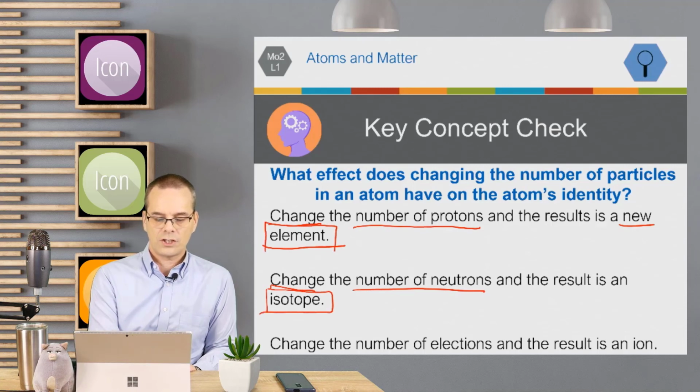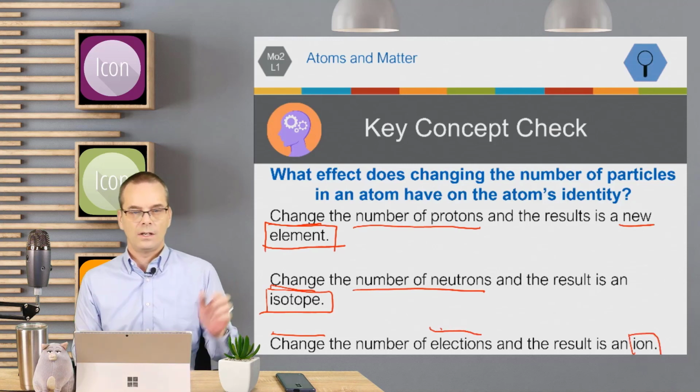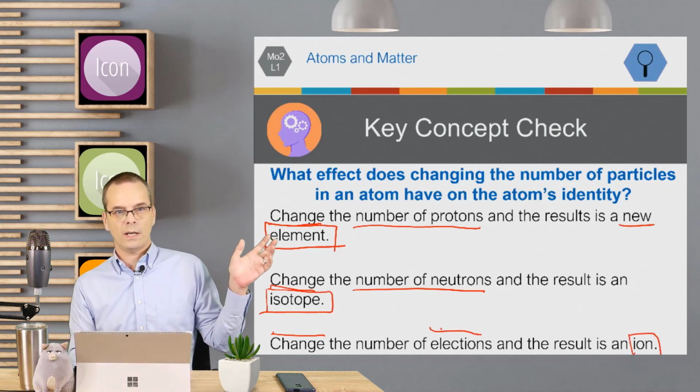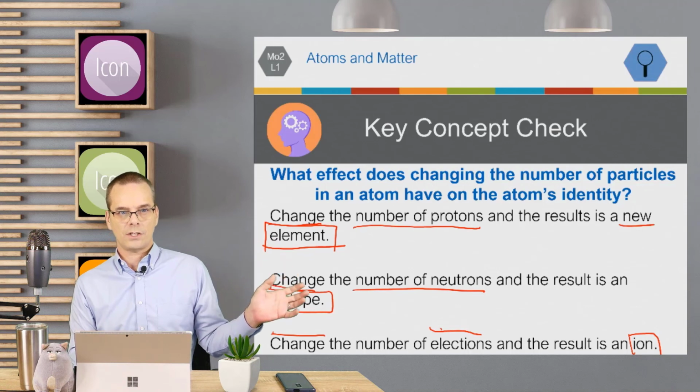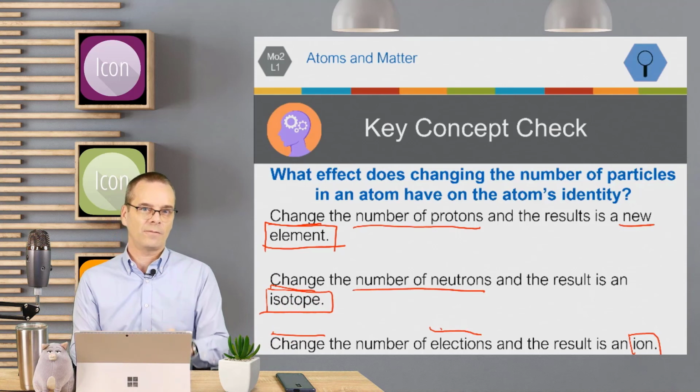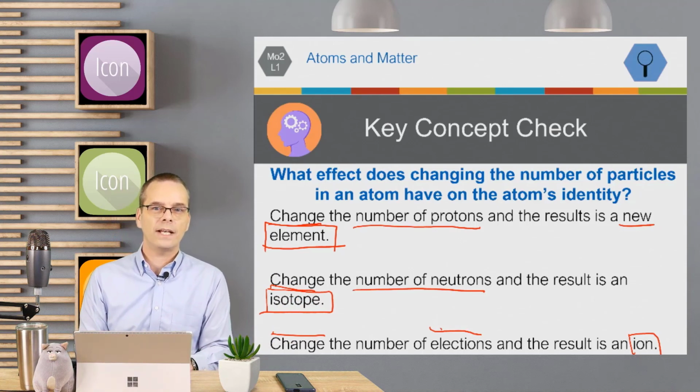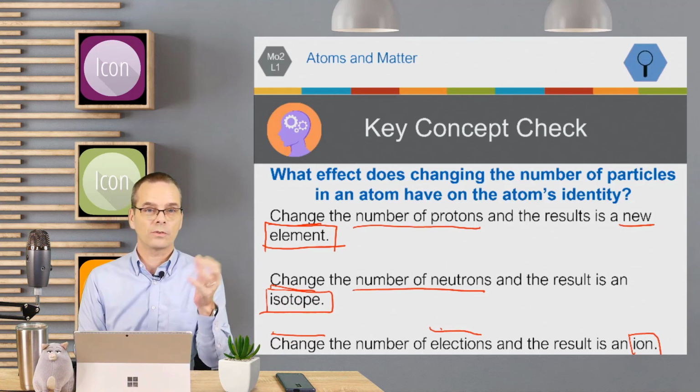Change the number of electrons, and the result is an ion. Proton change, new element. Neutron change, isotope. Electron change, ion. So there you go. That's how the identity of an atom will change based on the particles.